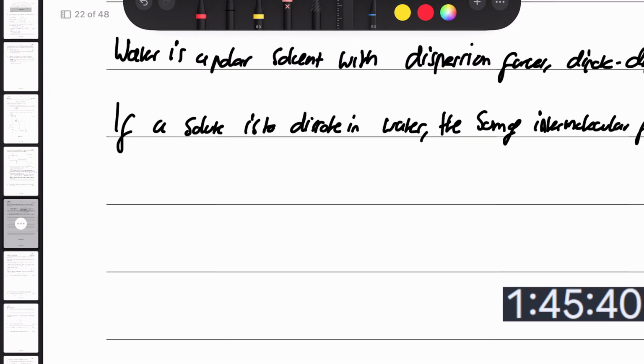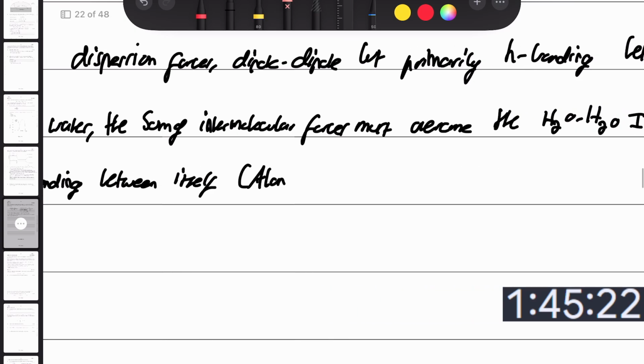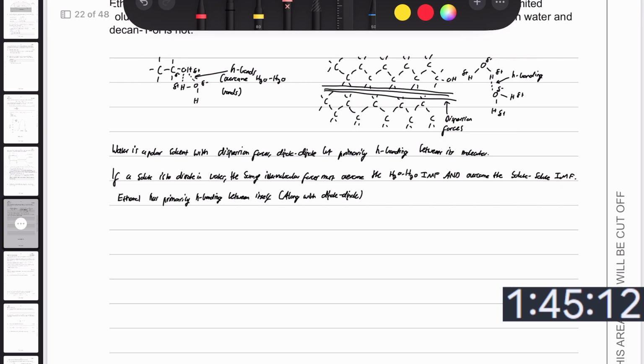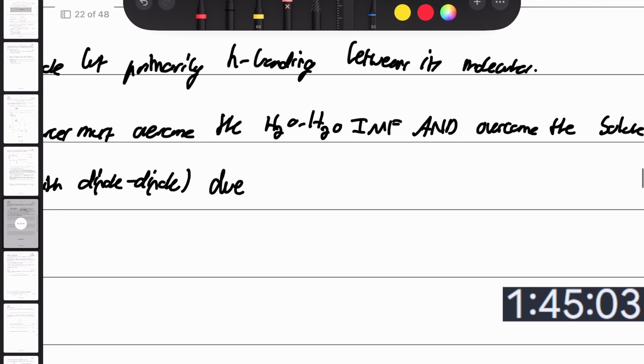Ethanol is primarily hydrogen bonding, I'll say along with dipole, between itself due to its polar nature.